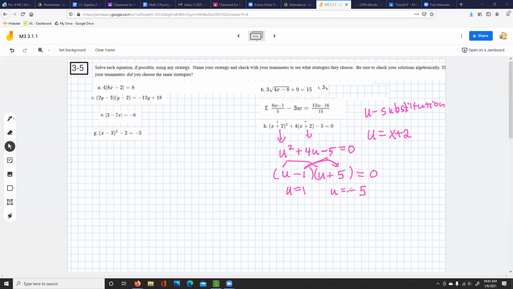But we don't want to stop here, because we're not solving for u, we're solving for x. So now we're going to substitute back in for u. Since u equals x plus 2, I'm going to substitute x plus 2 back here.